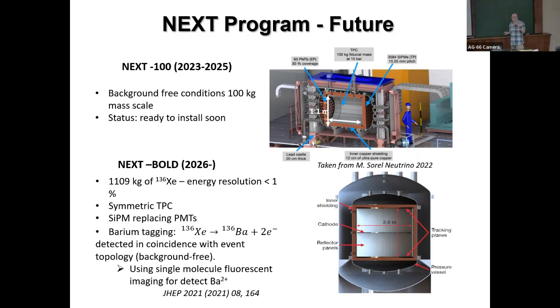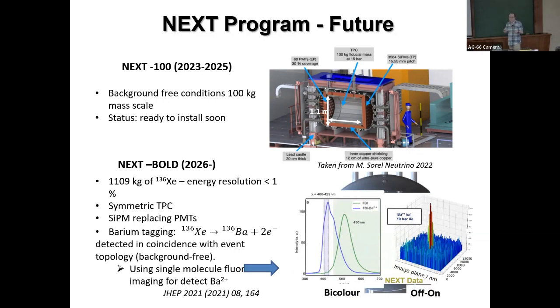They are going to capture not only the signature of the two electrons, but also the daughter coming from the decay of xenon. How? They have developed a single-molecule fluorescence molecule that can bind with barium-2. From this, they are working with two options. One is the bicolor mode, where you identify the barium bound to a molecule when you have a different color: this is without barium, this is with barium.